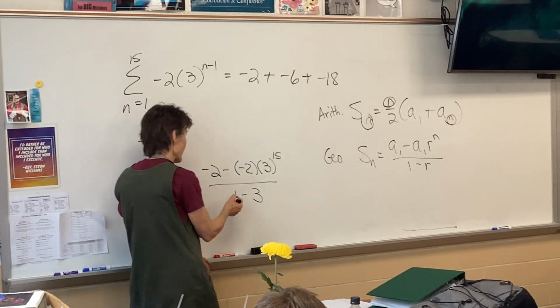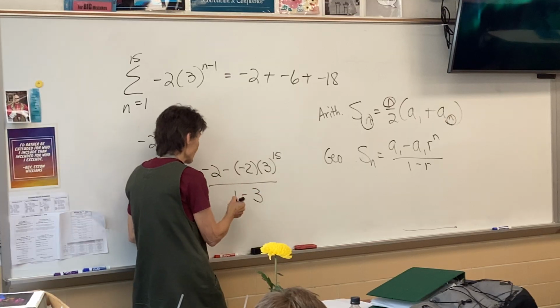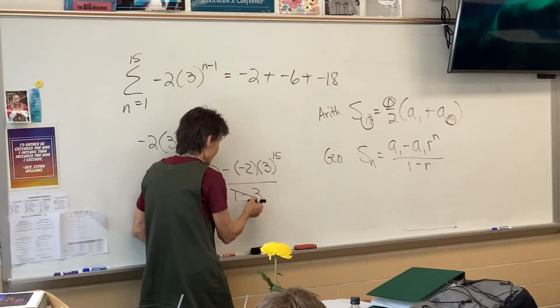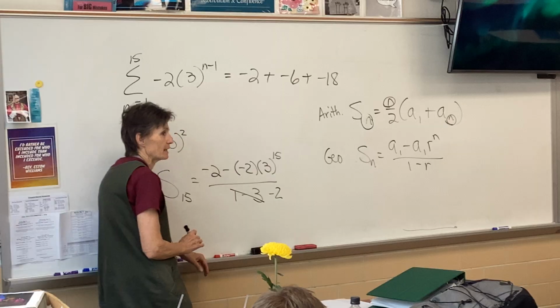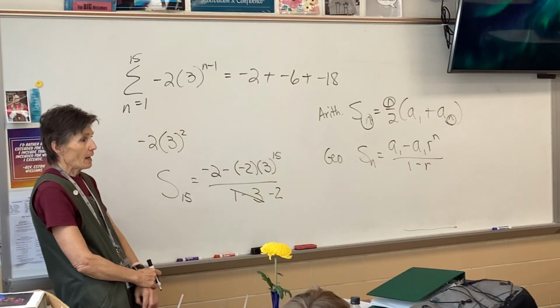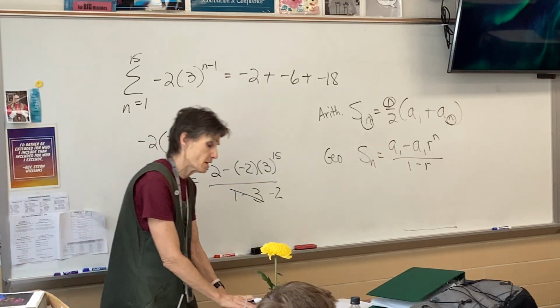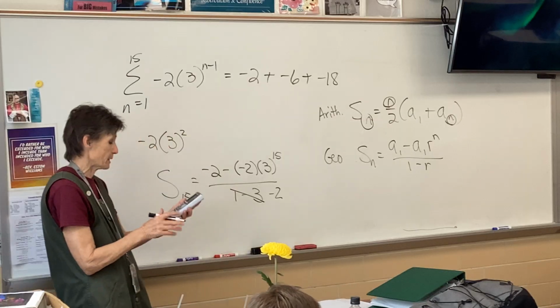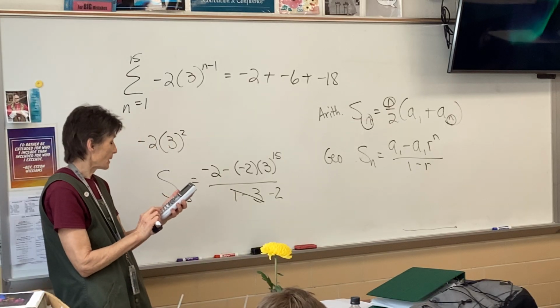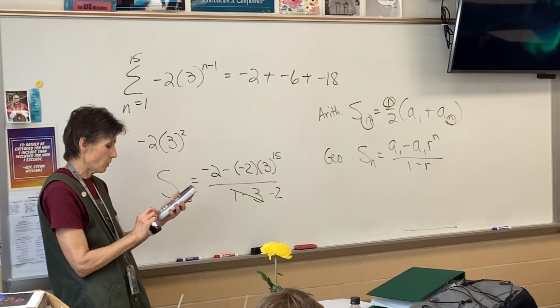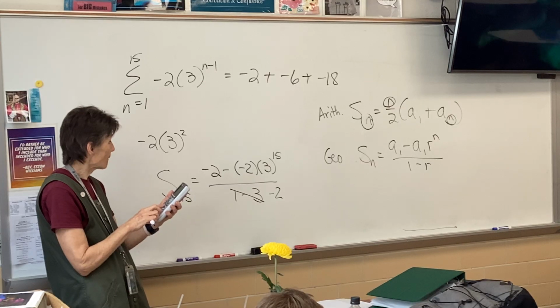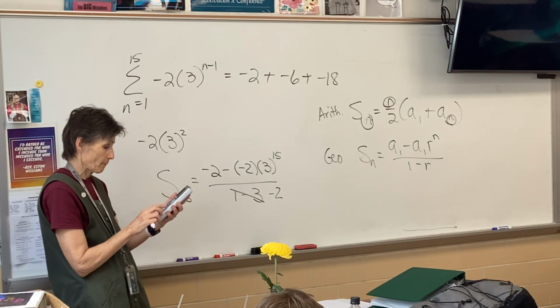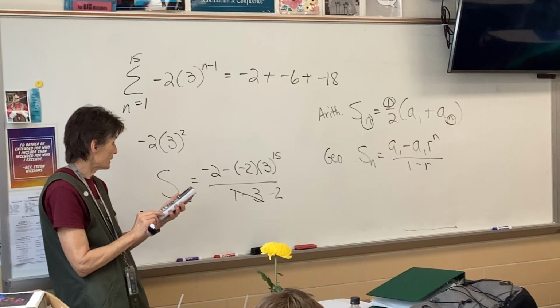I always, before I start typing, I go ahead and clean up my denominator and just make it -2. I always do that first because otherwise dividing gets a little bit tricky. Do not worry about all the negatives. The calculator can handle it.